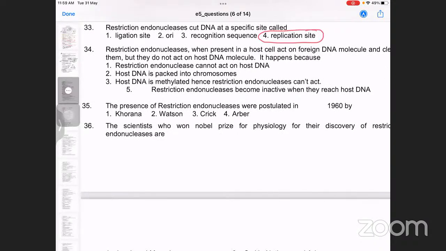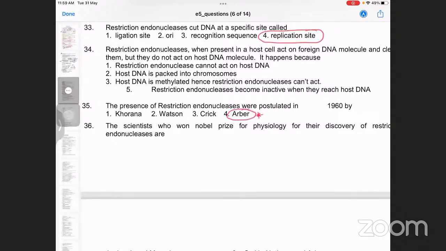The term restriction endonuclease was postulated in 1960 by Arber. You can make a note of this.